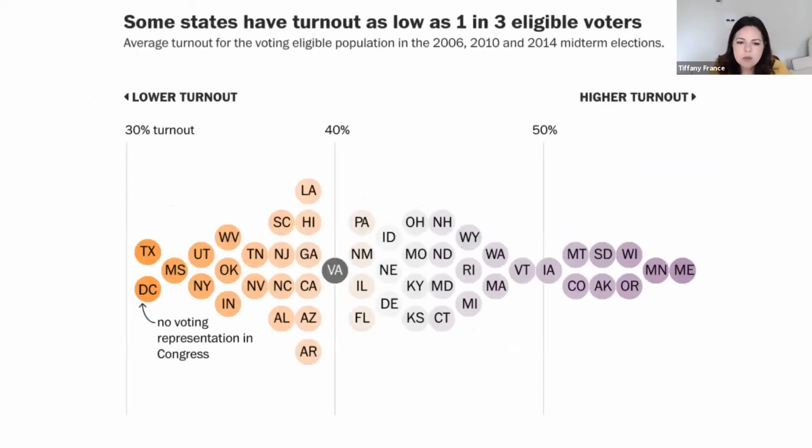This is from the Washington Post, and I think this is really well done, and this is a very difficult thing to achieve. They have used 1 font and 2 different sizes. The top font is a bold header, and we can tell that that's the header. And then the rest of the entire visualization uses the same size font. Lower turnout and higher turnout have a bit of a different treatment. They're bold and they're in caps.